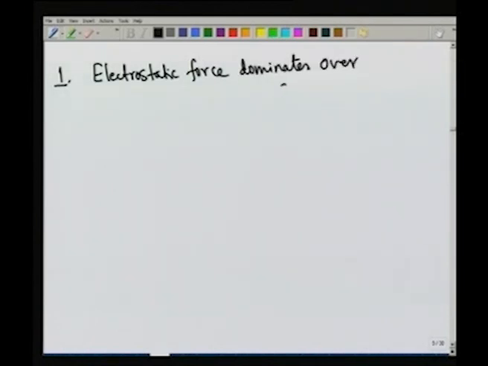So what is the principle behind this spray painting or the powder coating? Let me list them. The first thing is that electrostatic force dominates over gravitation. So I have a plate which has to be powder coated or painted.